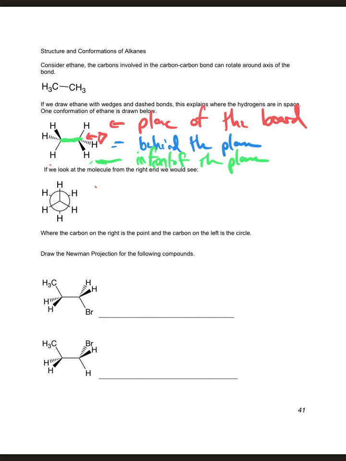Okay, and what this is showing is this carbon is this carbon in the front, so it's in the front with the 3 hydrogens. 1 hydrogen is going up, 1 hydrogen is going up, then a hydrogen is going back, that's blue, that's this one, and then a hydrogen is coming towards us, that's that one. Okay, so as we look at this, we have to think about what do we have and where is it in space.